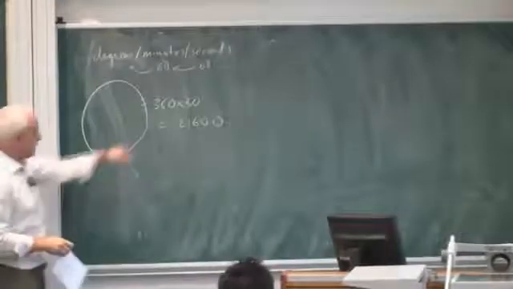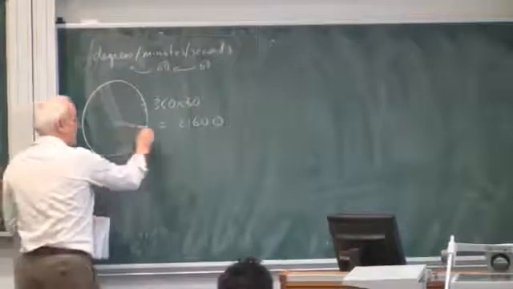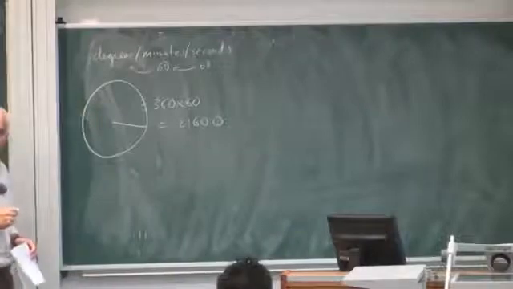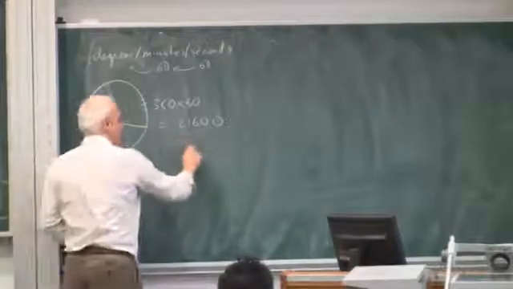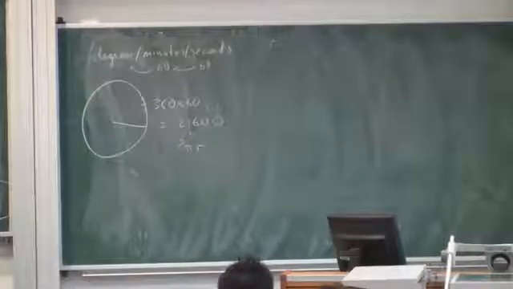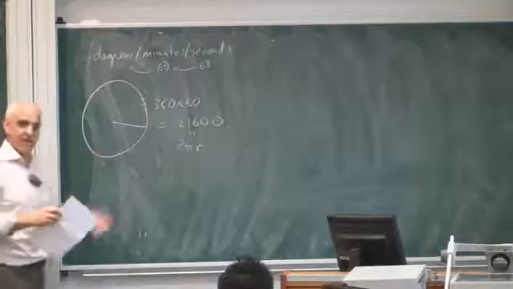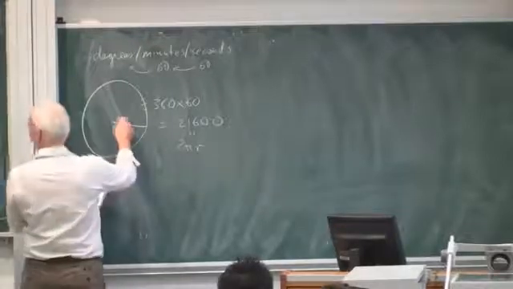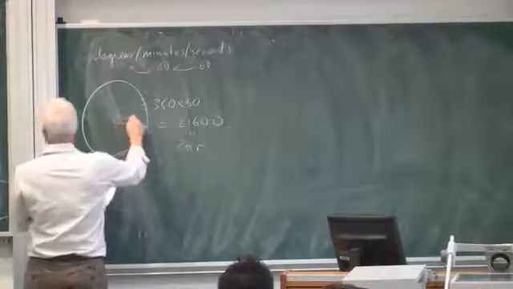If that's going to be your circumference, then your radius ought to be, well, this is going to be 2 pi r. They knew what pi was roughly, so they could calculate what r was roughly, and the closest value is 3,438.